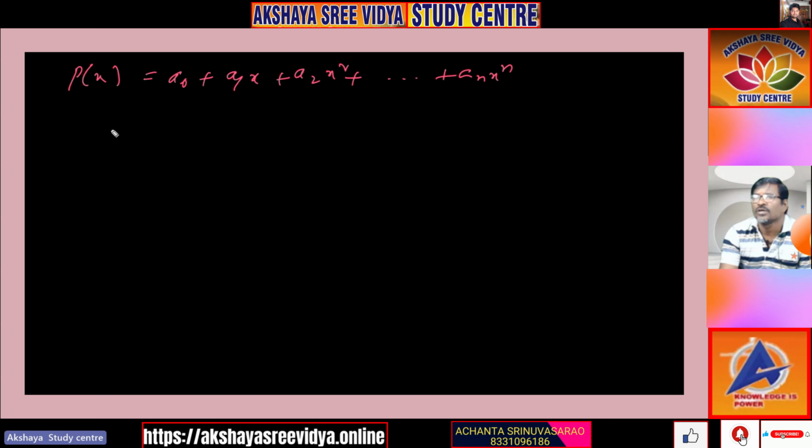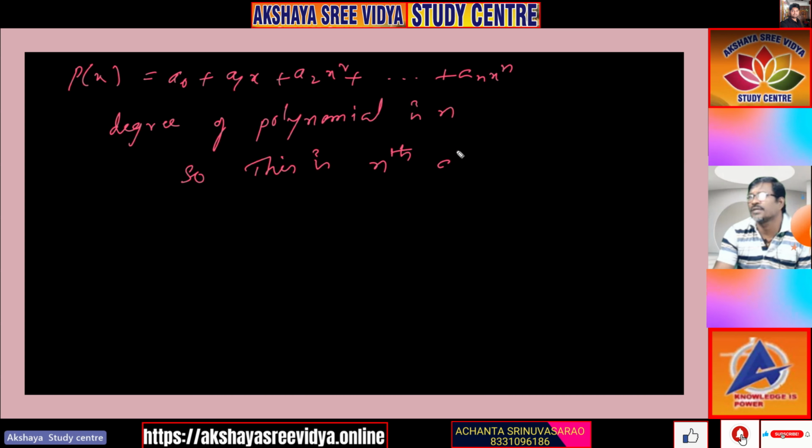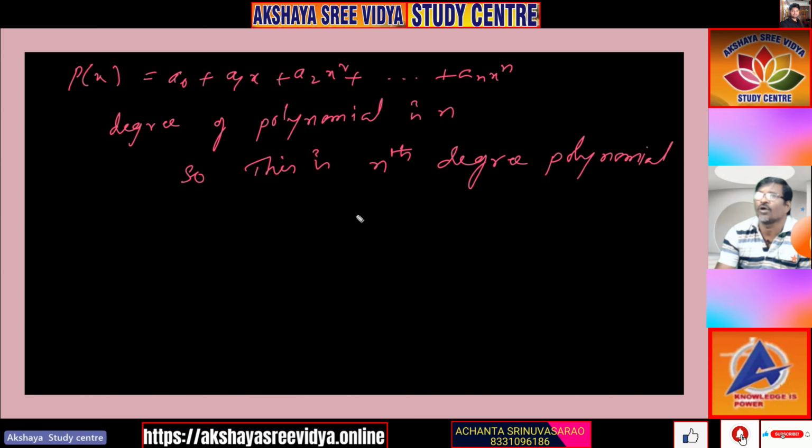For suppose the highest power of the variable, the degree of the polynomial, is n. So this is nth degree polynomial.